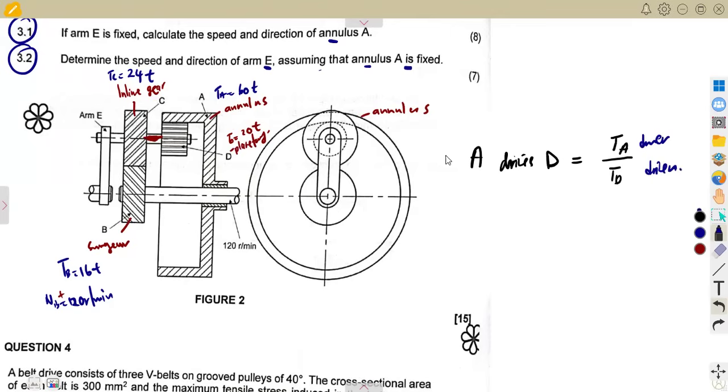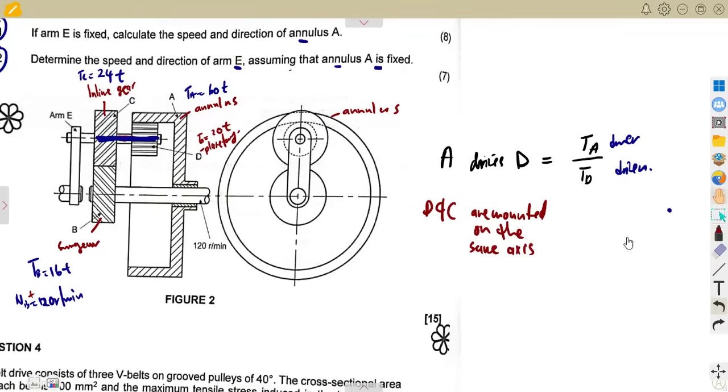But D and C are in line. They're on the same axis, so they're at the same speed. D and C, this is what you need to know: D and C are mounted on the same axis. If they are mounted on the same axis, what does it mean?